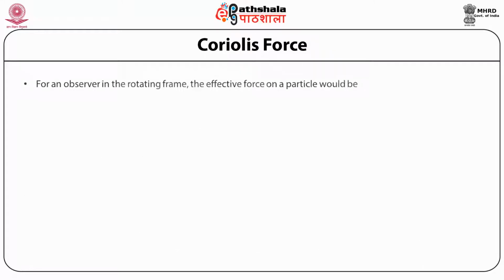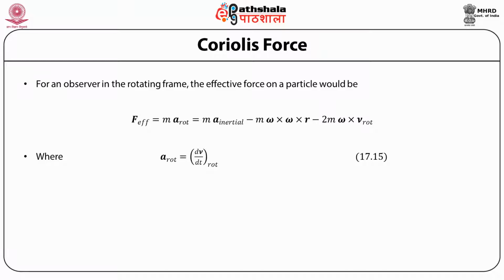Thus, for an observer in the rotating frame, the effective force on a particle, equal to the mass times the acceleration in the rotating frame, is equal to mass times the acceleration in the inertial frame minus m omega cross r minus 2m omega cross v rotation, where a rotation is equal to dv by dt rotation.